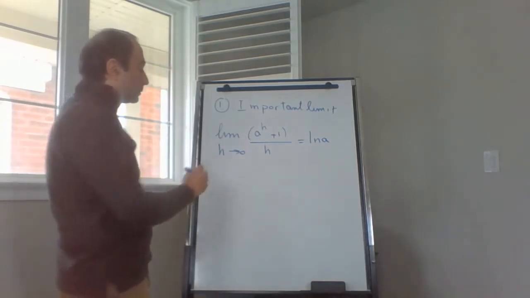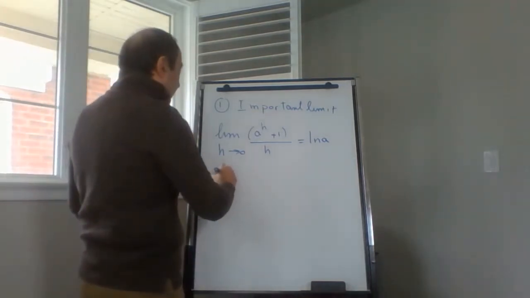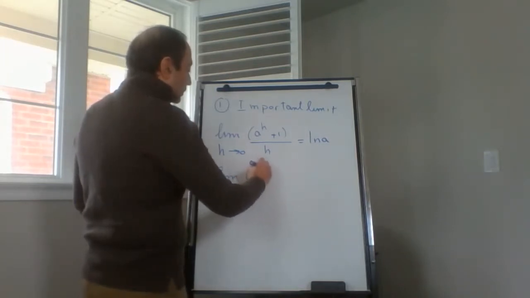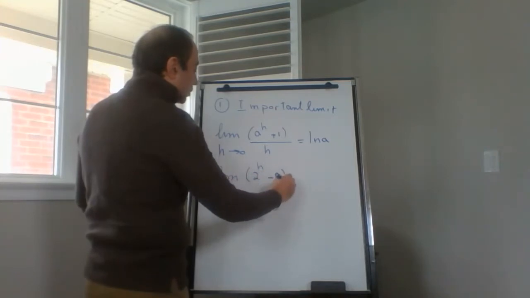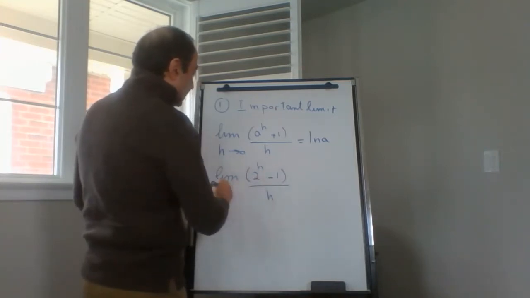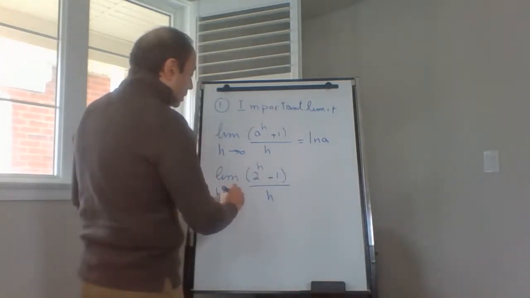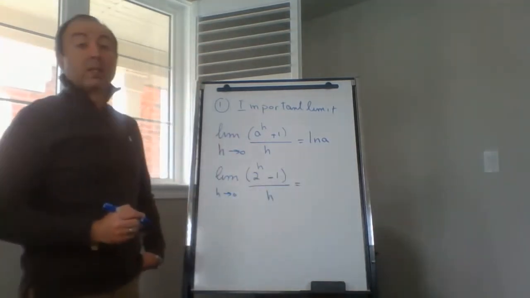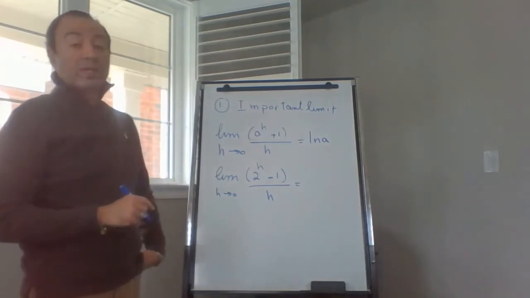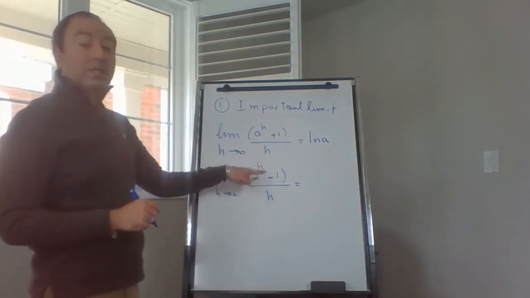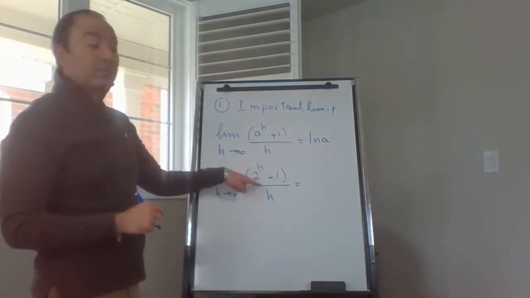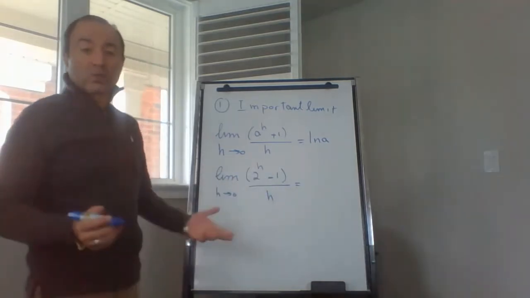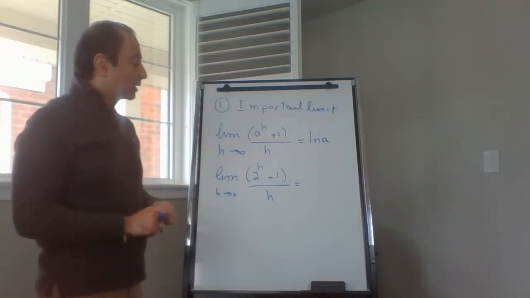So, for example, if I want to find the limit of (2 to the power of h minus 1) over h as h goes to 0, I have to approach 0 numerically, because if I substitute h as 0, I will have a 0 in the denominator, which is something we cannot calculate.